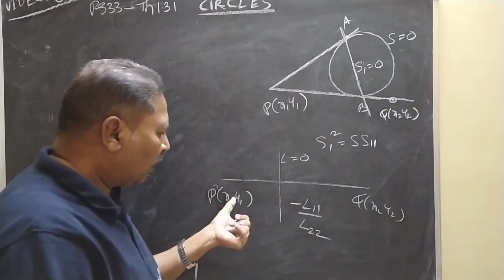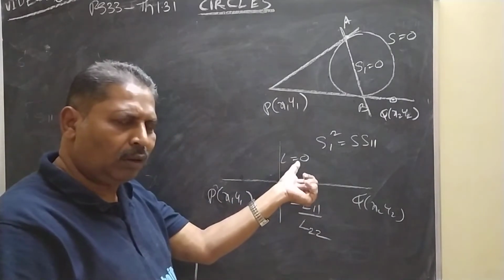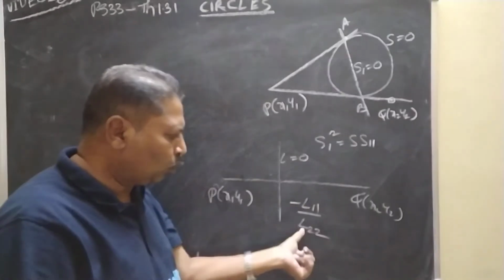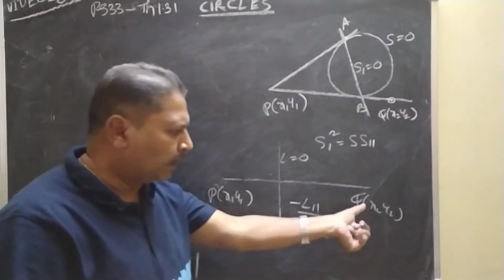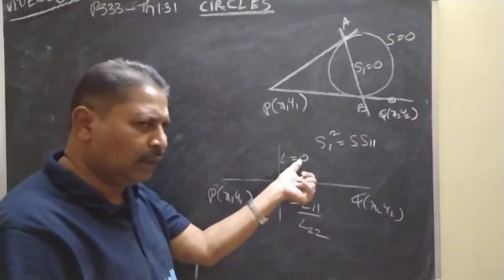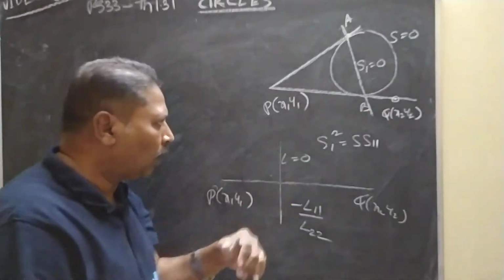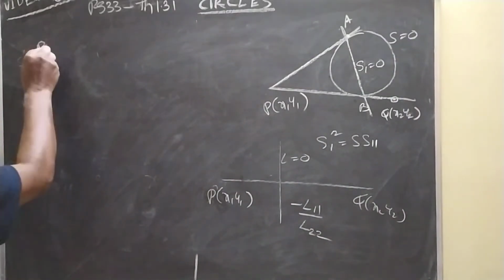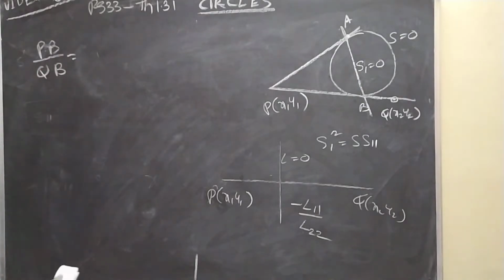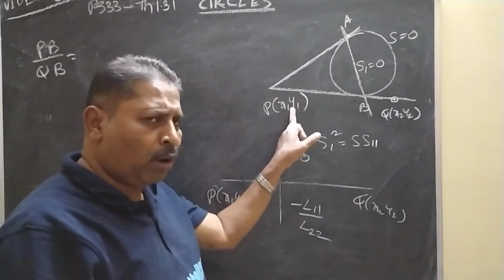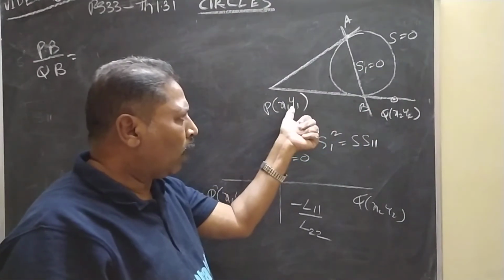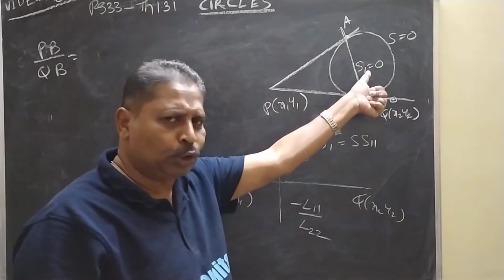L11 means direct substitution of the first point in the line equation. L22 means direct substitution of the point Q in the line equation. We apply this formula. So PB by QB: substitute this point directly in the line equation, one point, direct substitution.